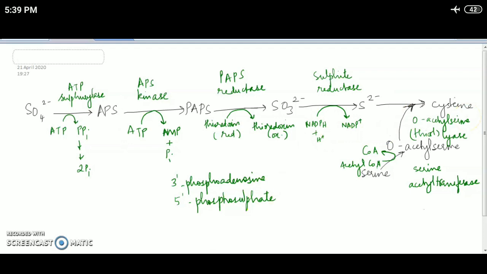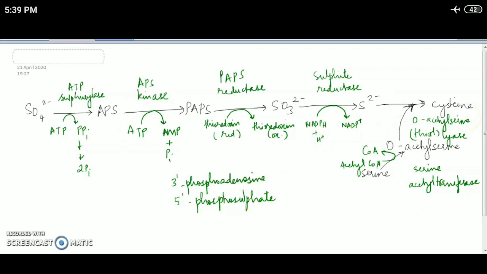I'll repeat this step once again. PAPS reductase acts upon PAPS and it gets converted into sulfite. In this process, thioredoxin is converted from its reduced form to its oxidized form. In the same process, PAPS is reduced to sulfite. So we have now converted from sulfate to sulfite.